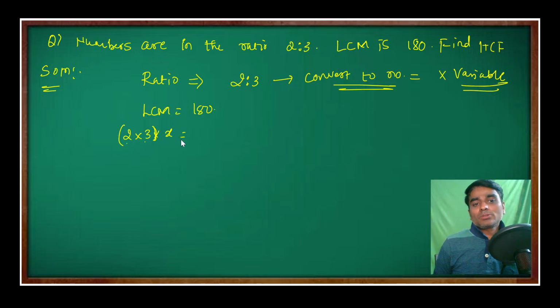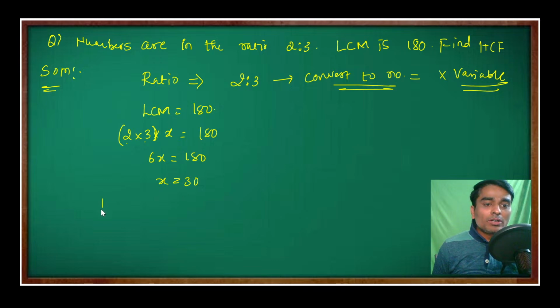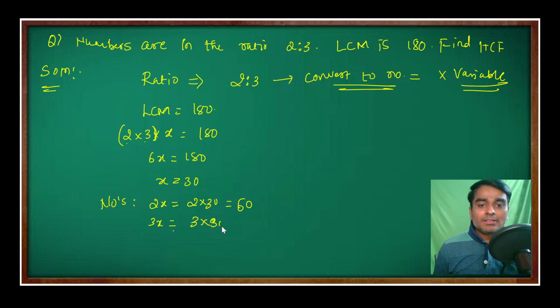So these two ratios now became numbers, that is equal to 180. 6x will be 180, correct? x will be 30. Now what are your numbers? First number will be 2x, right? 2 into 30, 60. Then the second number will be 3x, that is 3 into 30, 90, correct?